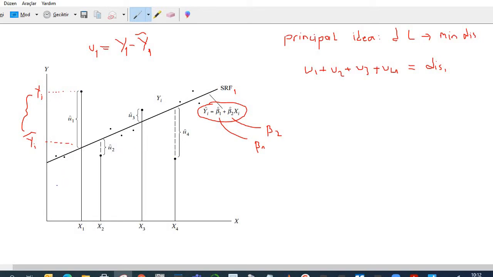For example, this will be like this. Sample regression function 2. So we will obtain this distance for the first one, u1, plus for u2 this distance, for u3 this distance, and u4 this distance.